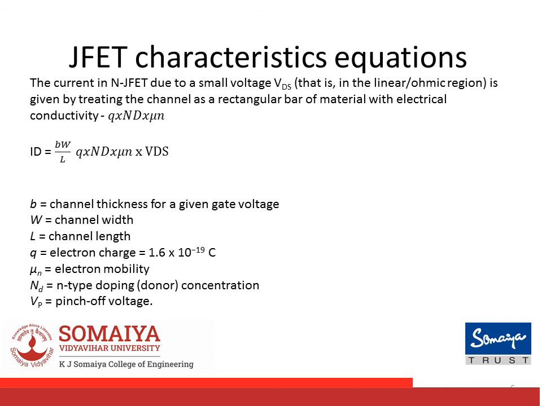So my ID can be found as conductance into VDS, where conductance is given by A, which is nothing but B into W, that is the thickness of the channel into the width of the channel, upon L, which is the channel length, into conductivity, which is q into ND into mu N, where q is the electron charge, ND is the doping concentration, and mu N is the mobility of my charge carrier. Here in this case it is the mobility of electrons, multiplied by my VDS gives me ID.